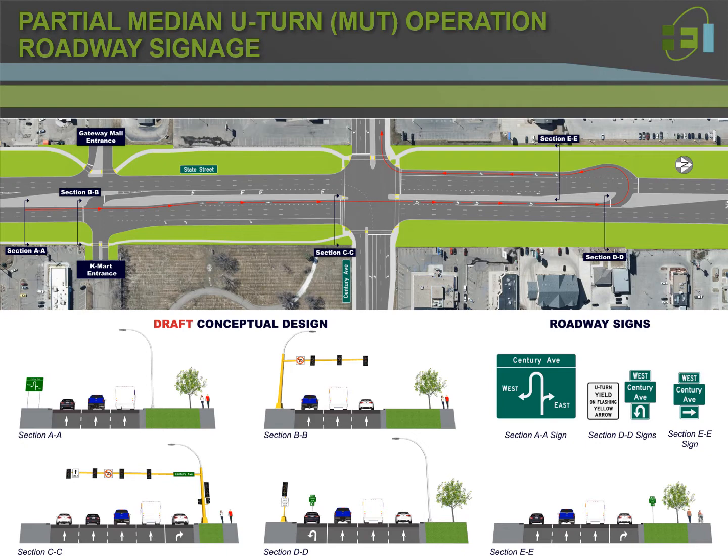And Section EE provides directional guide signage for southbound traffic following the U-turn movement. Next, we would like to present an informational video published by the Federal Highway Administration that further discusses the principles of median U-turns. Following this video, we will present 3 partial median U-turn simulations for the State Street and Century Avenue intersection.